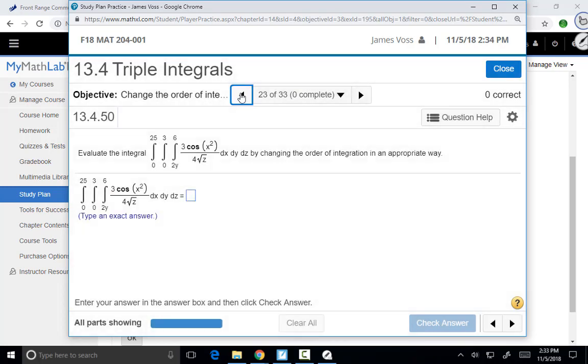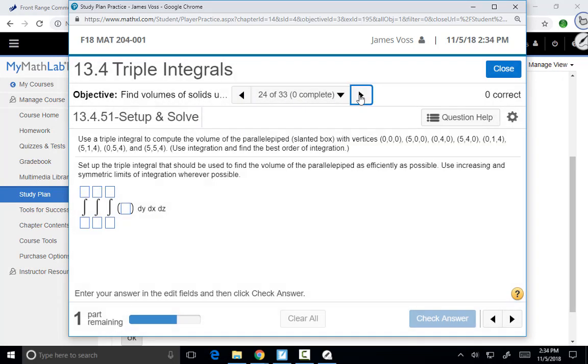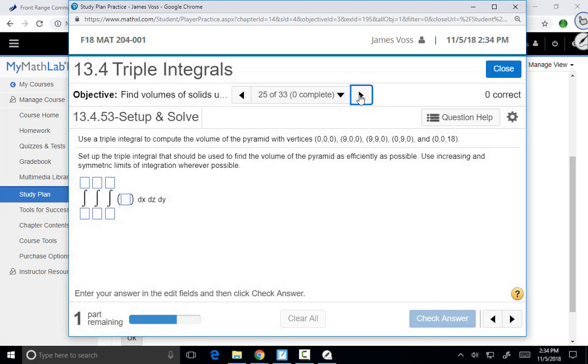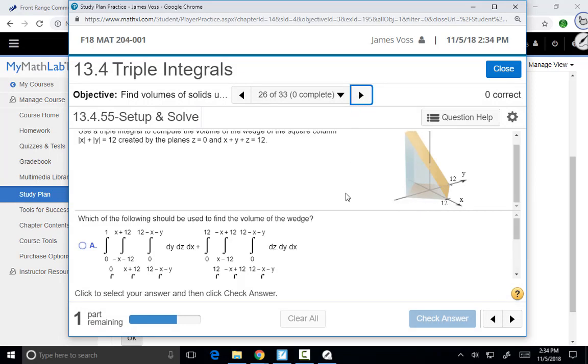I'm going to talk to you about low and high and what they equal, and they're just equal and constant. Let's take a look at this thing.